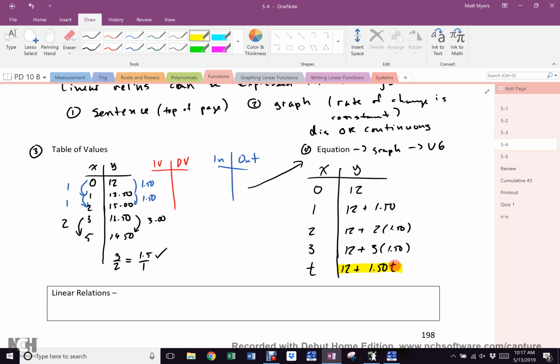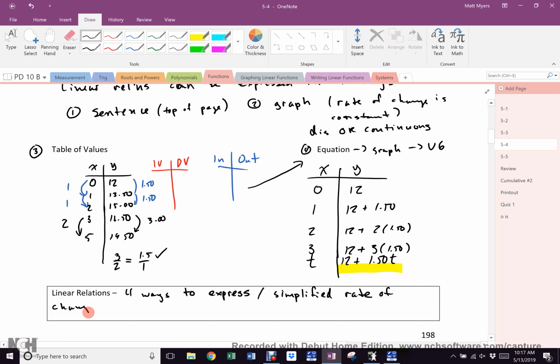Everybody cool? All right. Linear relations, couple of things to remember. 4 ways to write them, 4 ways to express, that's one thing to remember. The simplified rate of change is constant.